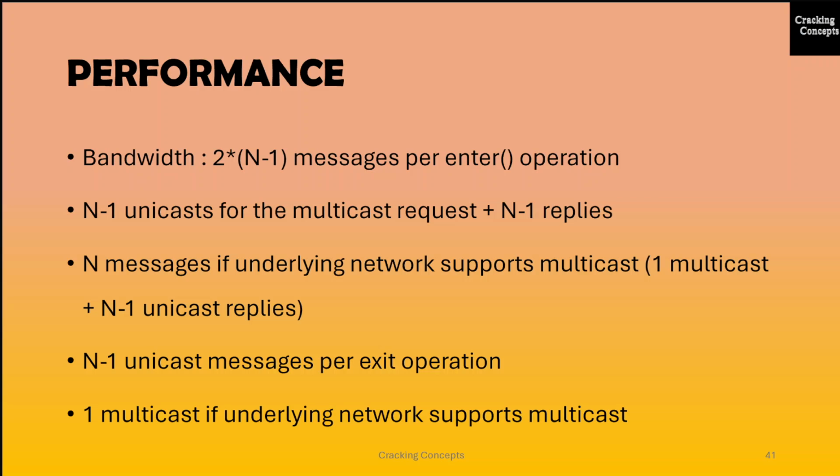One set of n-1 messages will be the n-1 unicast messages for the multicast request sent by the process, and the other is the n-1 replies for that. So we need to send only n messages if the network supports multicast, which means there will be only one multicast message plus n-1 unicast replies.